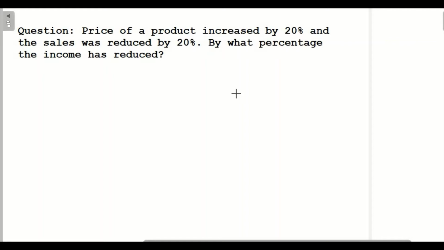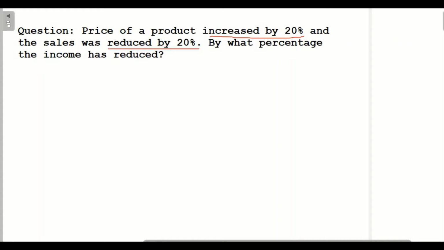The price of the product increased by 20 percentage and the sales was decreased by 20 percentage. So as I said earlier, we have the same sum, but we don't have any amount. We have to calculate by what percentage it changed. So we have to calculate only the change in the percentage.